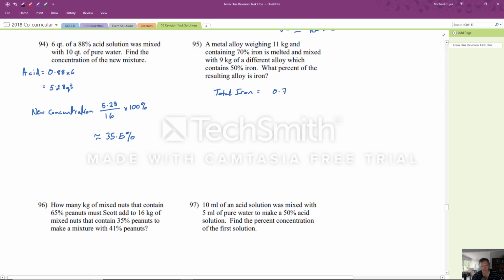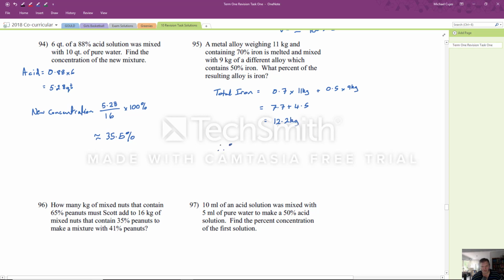It's 0.7 of 11 kilos, that's 70%, plus 50% of 9 kilograms. So what have we got all together then? We've got 7.7 kilograms plus 4.5 kilograms. So that's going to make it 12.2 kilograms is the total iron.